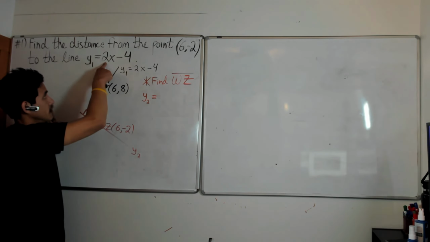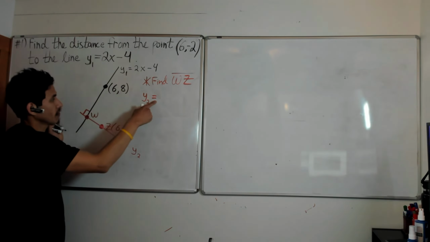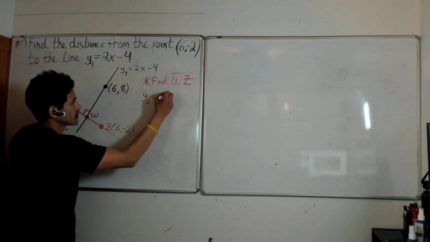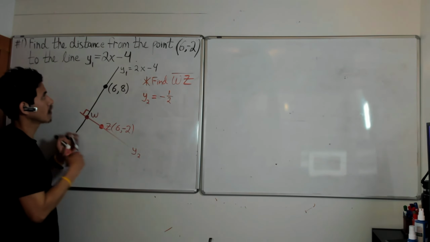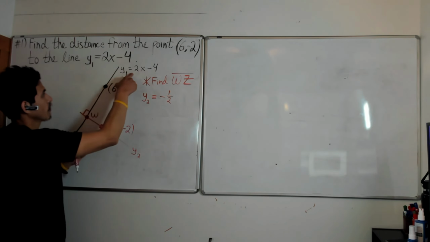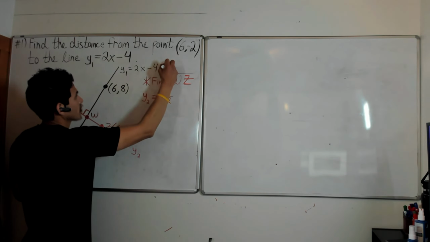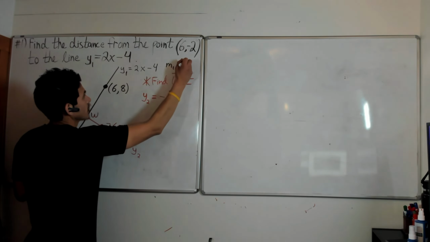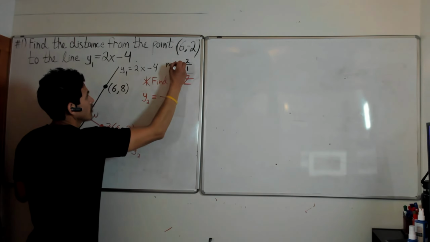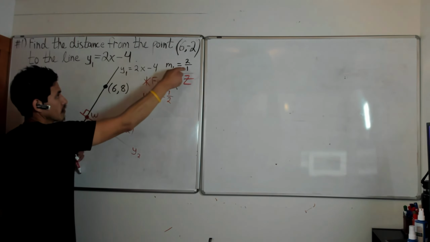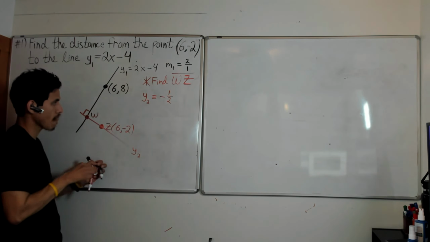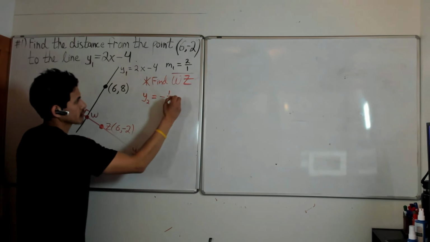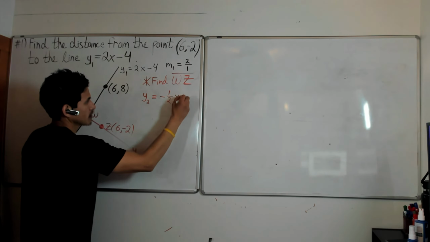Since the slope of y1, which we'll call m1, is 2/1, the opposite reciprocal of 2/1 is -1/2. So then we know y2 is going to be something like y = -1/2 x + b.